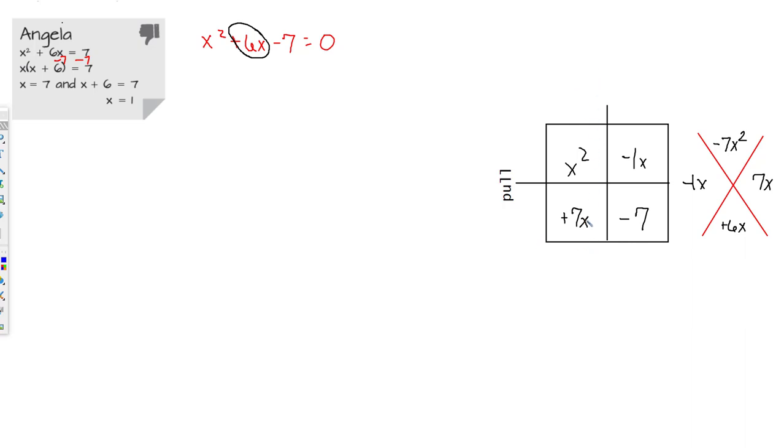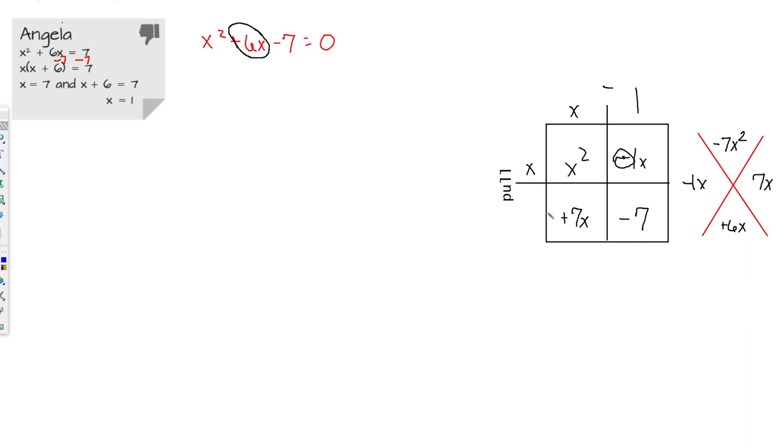What can come out of this first column? What do they share? They share an x. In the second column, what do they share? A 1, and it's negative because my sign closest was negative. In the first row, what do they share?